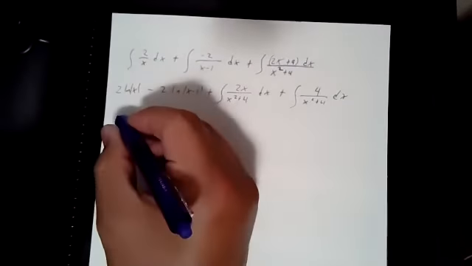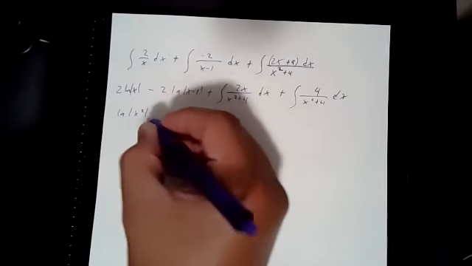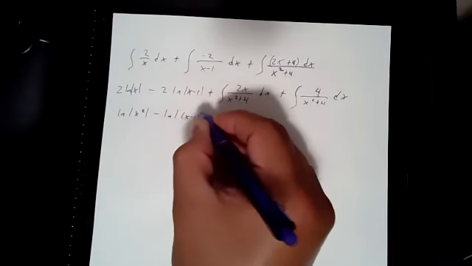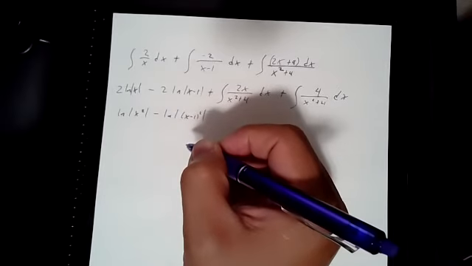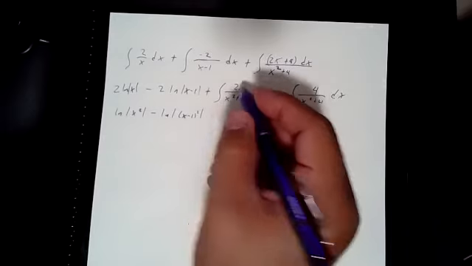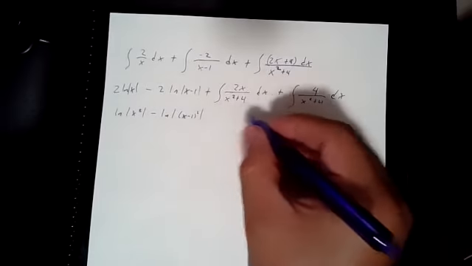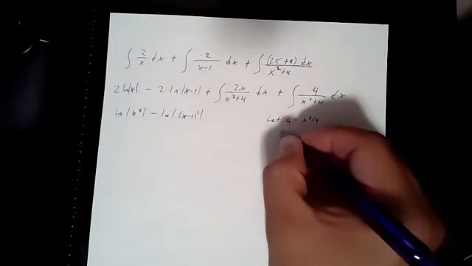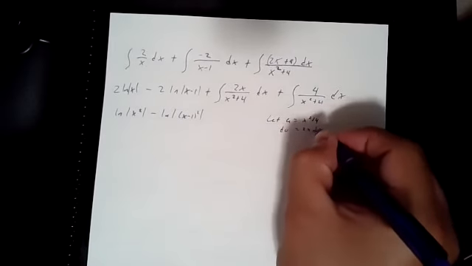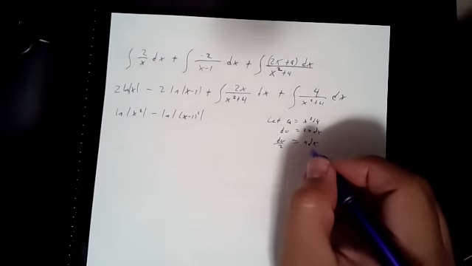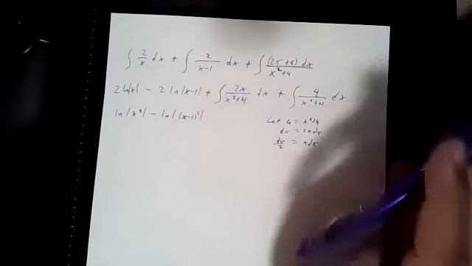Okay, so then that would be ln of x squared minus ln of x minus 1 squared. This one will be a u sub. So for this guy, let u equal x squared plus 4. Du will equal 2x dx. Du over 2 will be x dx. Well, actually, there's already a 2 there, so that'd be fine.